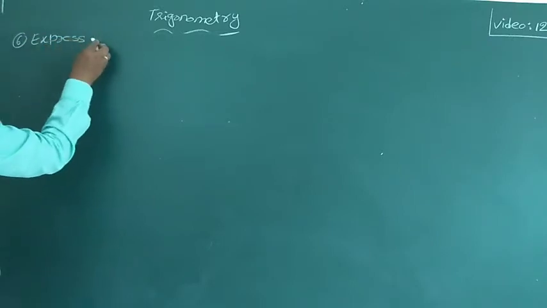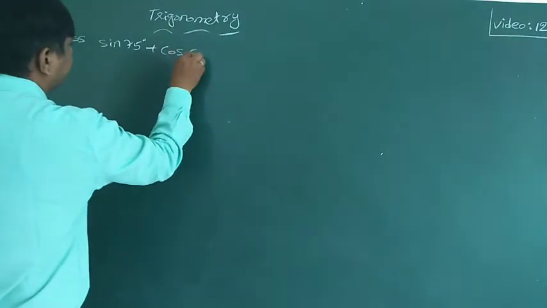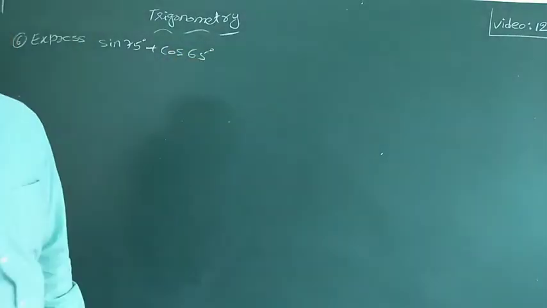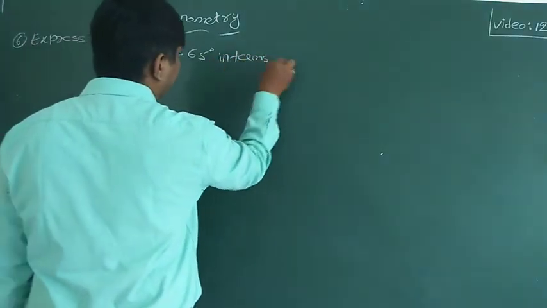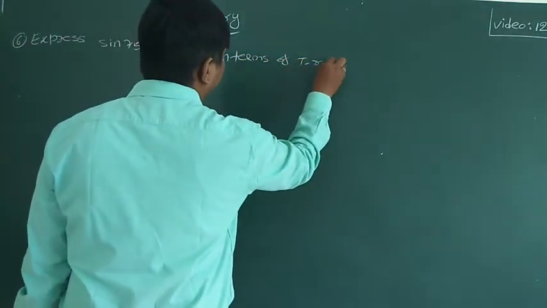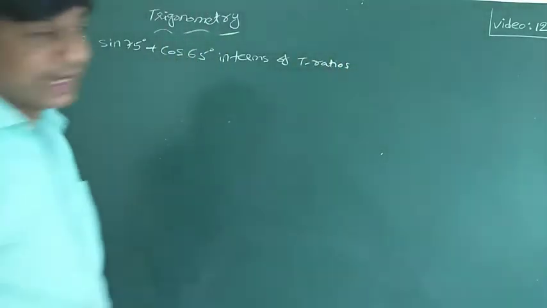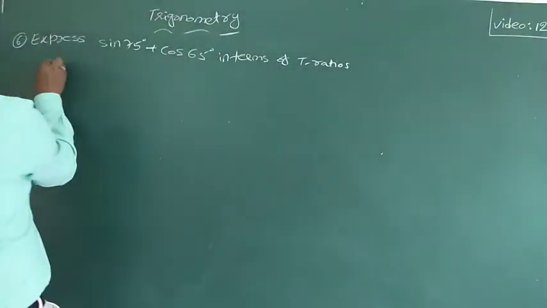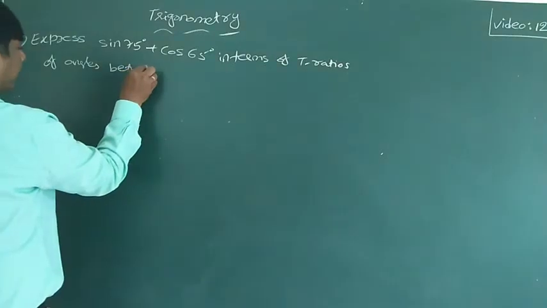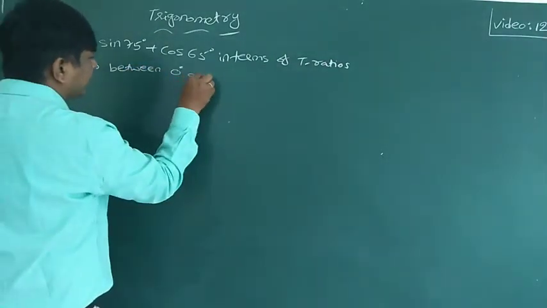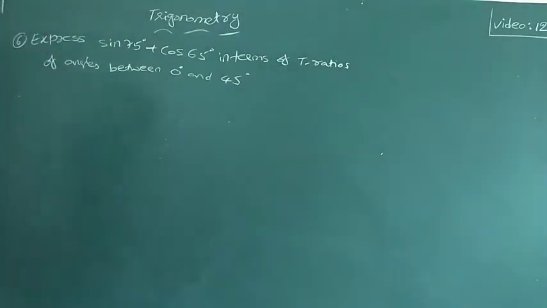Express sine 75 degrees plus cos 65 degrees in terms of trigonometric ratios, T ratios, of angles between 0 degrees and 45 degrees.